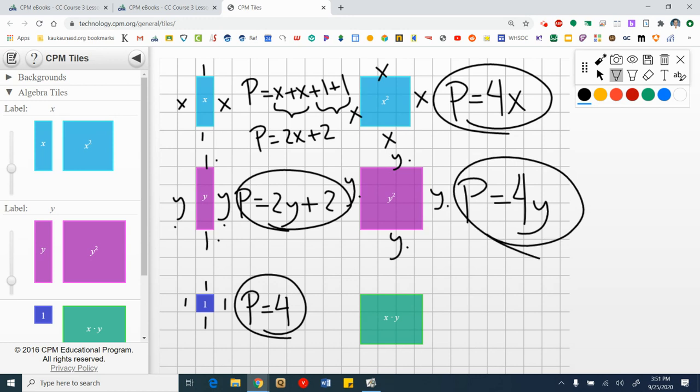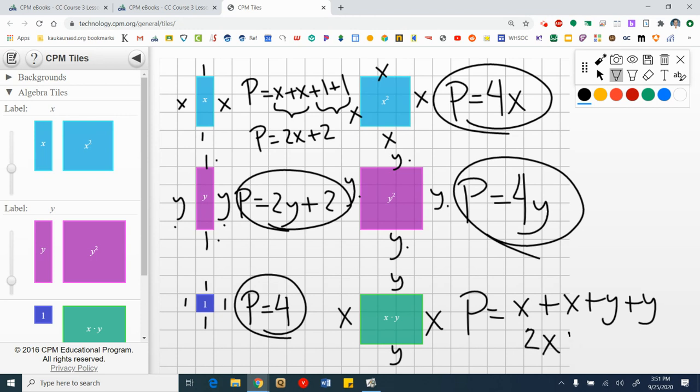And then lastly, the xy. The shorter sides are going to be the x's. The longer sides are the y's. That's x plus y plus x plus y. How many x's? 2. How many y's? 2. So that is the perimeter of each individual shape.